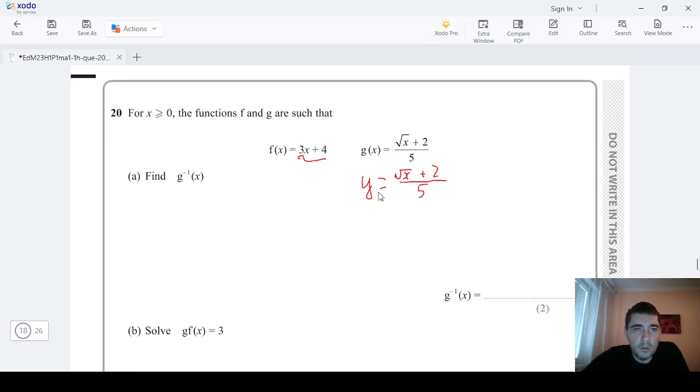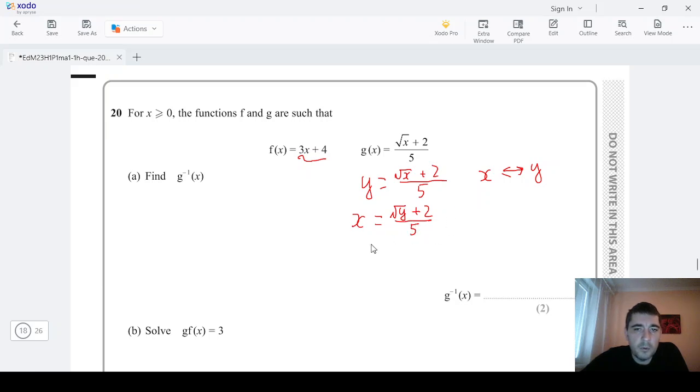To work out the opposite function or inverse, all we have to do is swap x and y values and make y the subject. So instead of y, we substitute with x, and instead of x we substitute with y. So x equals square root of y plus 2 over 5.